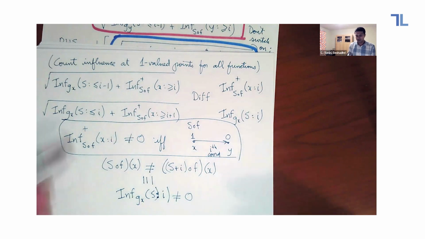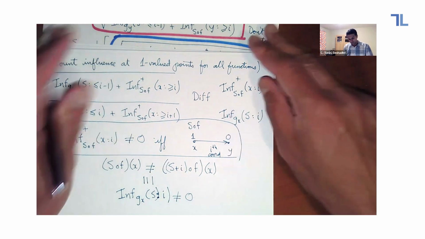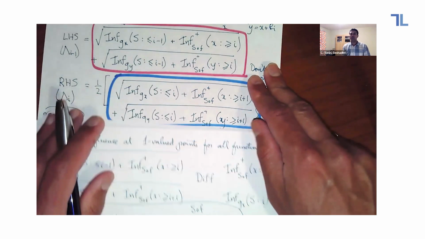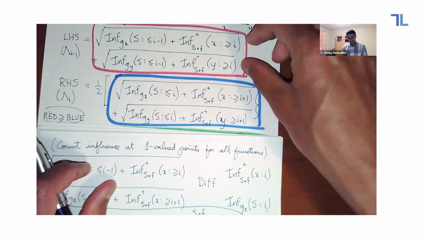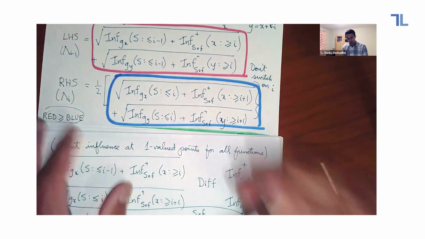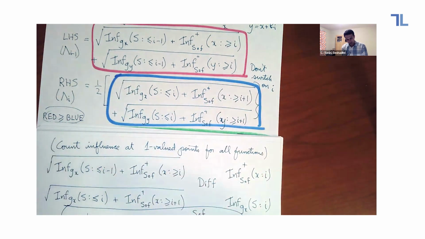So over here, indeed, I've done more. What I've shown is this red term is equal to the blue term. They're exactly the same, and the same argument works for y. For every point, you get exactly the same thing. So what we'll get is actually it's not just greater than or equal to. These are equal. The red and blue are exactly the same thing. Any questions?